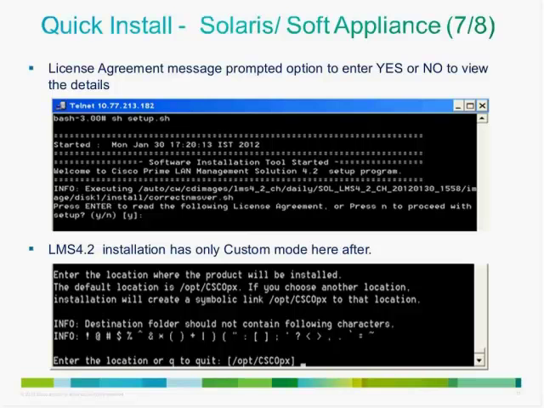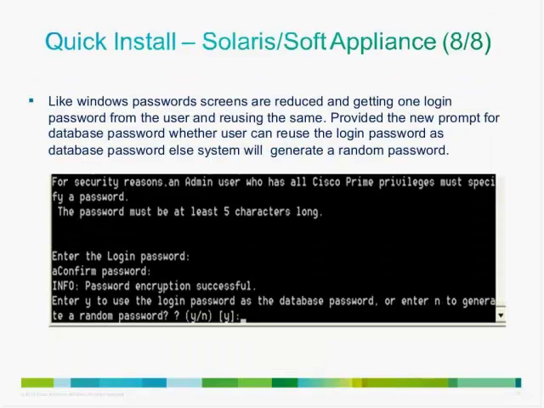Quick install becomes so easy to install on Solaris or a soft appliance, because you just have a couple of prompts where you have to accept the license agreement, and go for the installation in the custom mode. This is the next screen for quick install on Solaris or soft appliance.